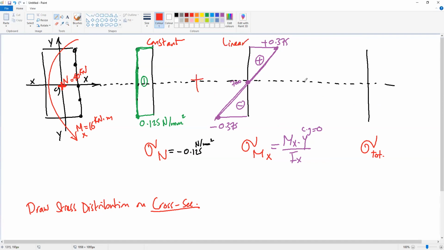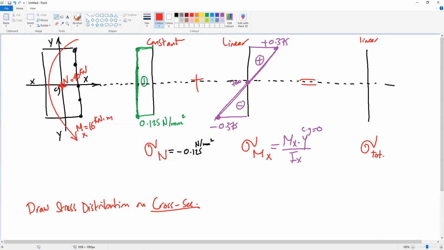If we want the combination of these, what is the combination? The combination will also be linear, but how can we combine them together? We will sum the values for 2 or 3 points, because if the relation is linear, we need 2 points to connect them to find the stress over the whole section.